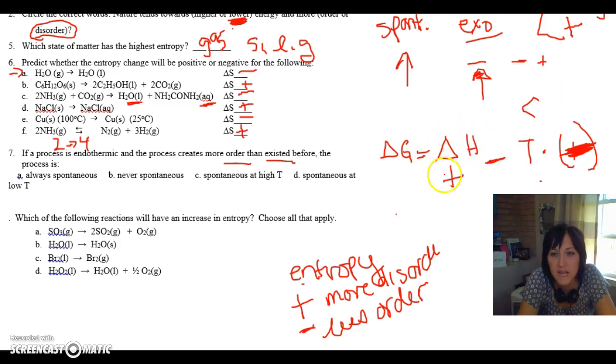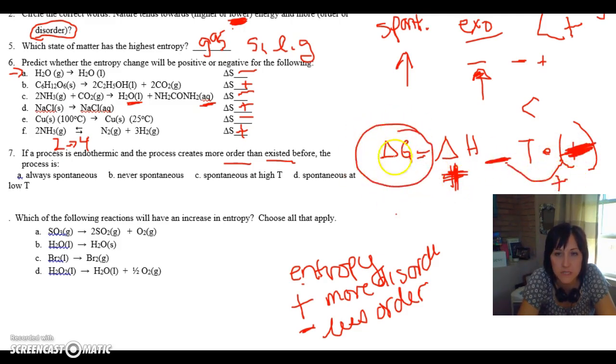So you have a positive enthalpy minus temperature times a negative number. So positive minus a minus is a positive, right? So you're going to have positive and positive, which means Gibbs is going to end up being positive no matter what. So it will never be spontaneous because Gibbs needs to be negative, needs to decrease in free energy in order for it to be spontaneous.